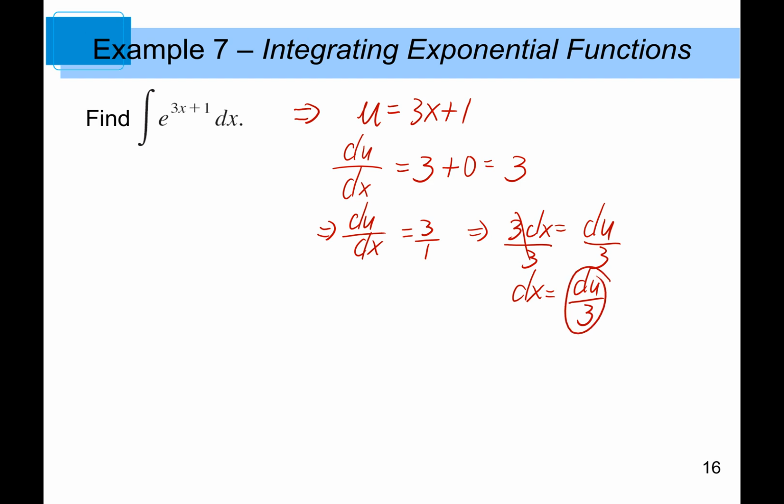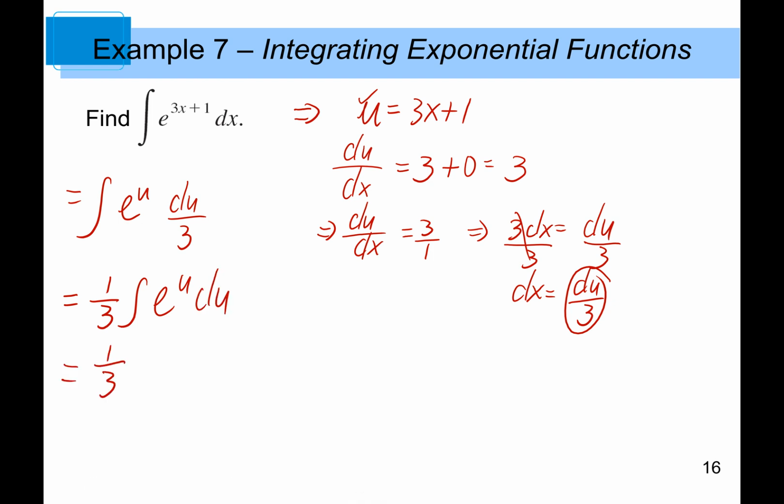Keep that in mind. Now we write this integral with respect to u. 3x plus 1 is u, so e to the u dx, with dx equal to du over 3. You can just put the fraction in front, and that becomes 1/3 times the integral of e to the u du, which is e to the u plus c.